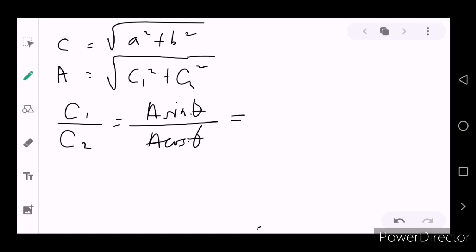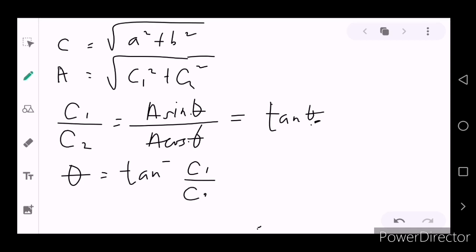It is equal to tangent theta. Correct? So, therefore, makukuha natin ang value ng phase angle theta is equal to tan inverse ng C1 over C2. Alright.